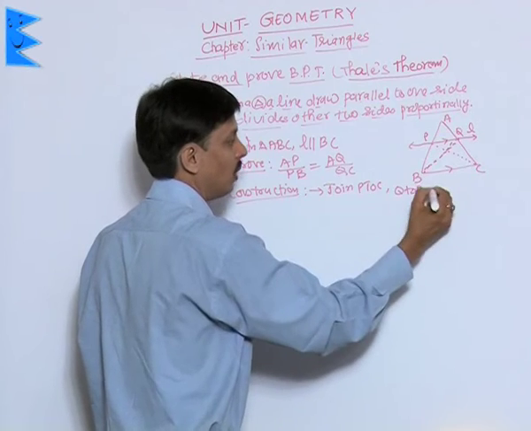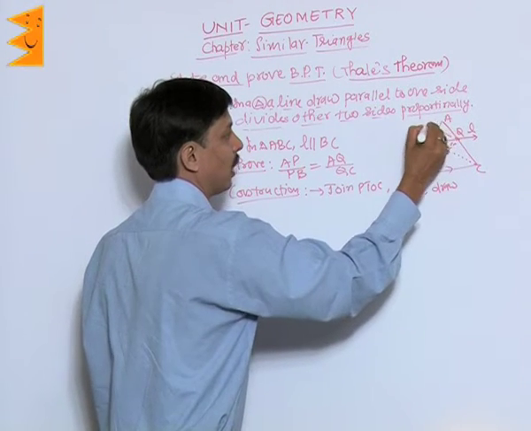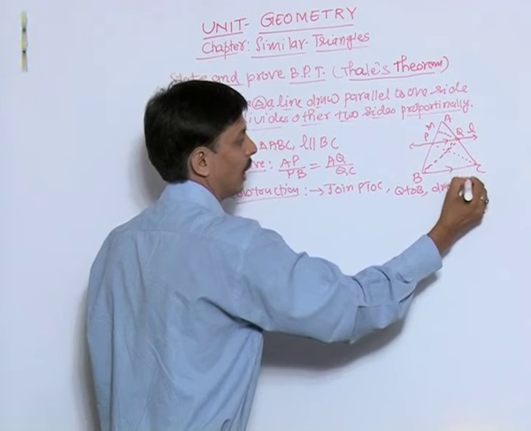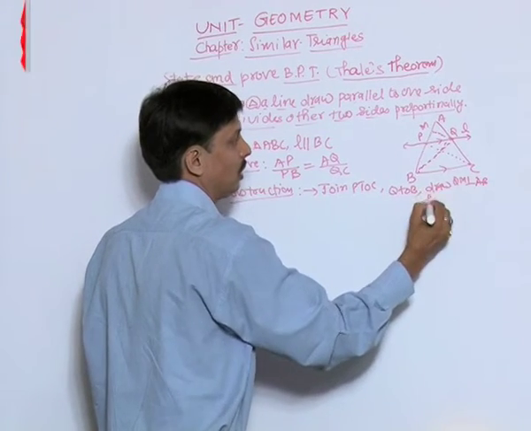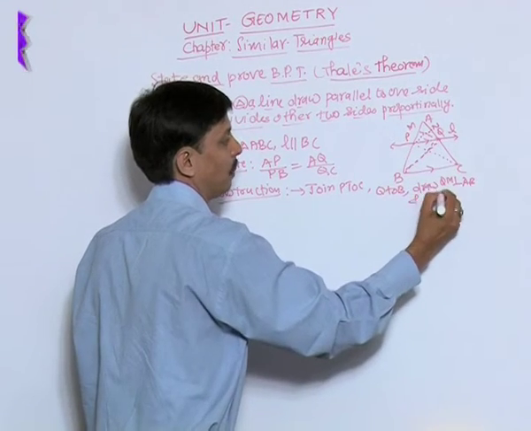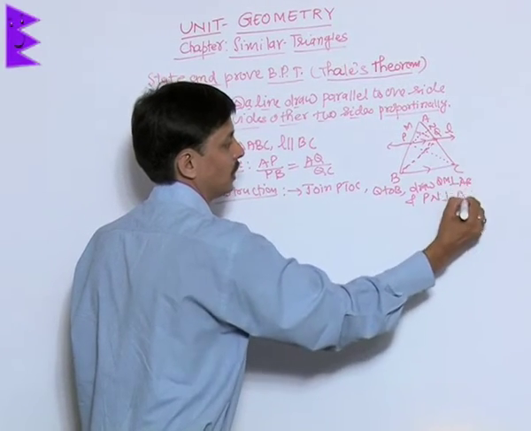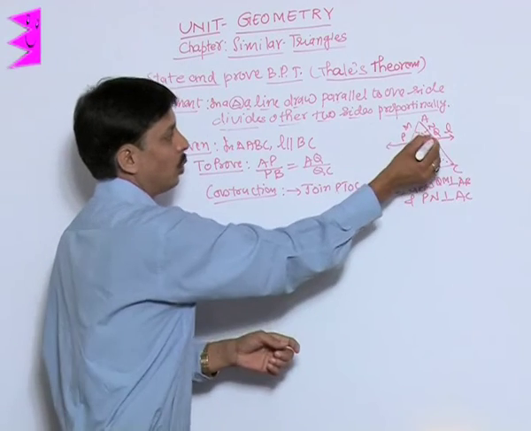And then draw perpendiculars. Which one? Suppose QM. Draw QM perpendicular to AB and also draw PN perpendicular to AC. Here you must be very clear.